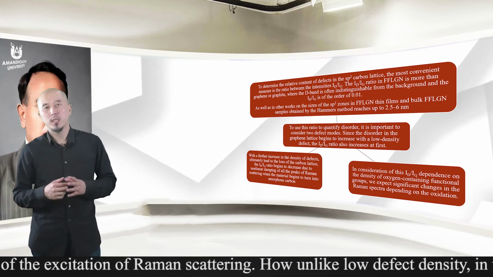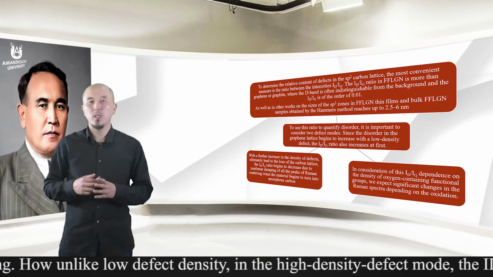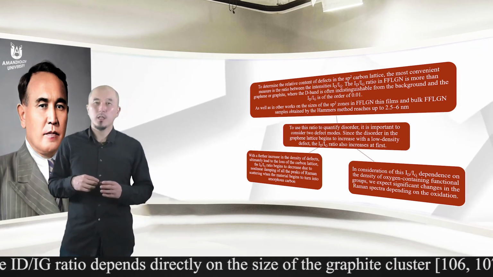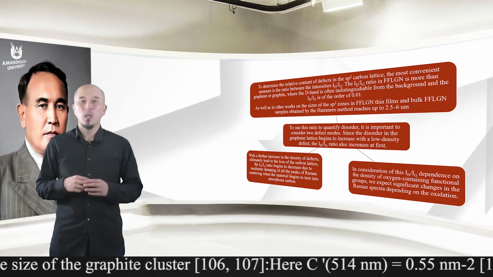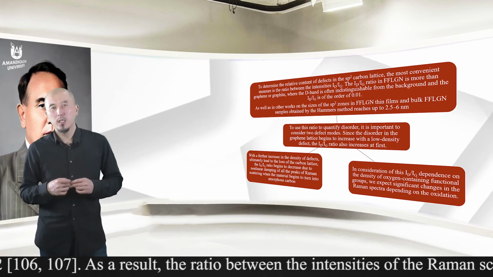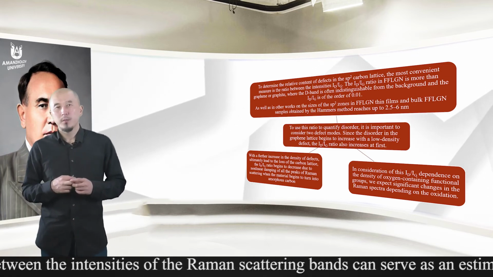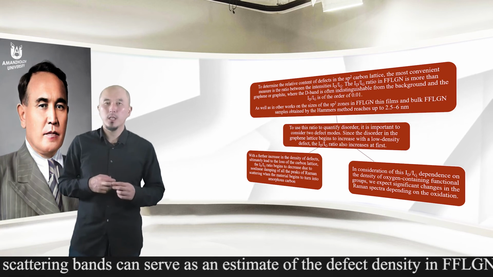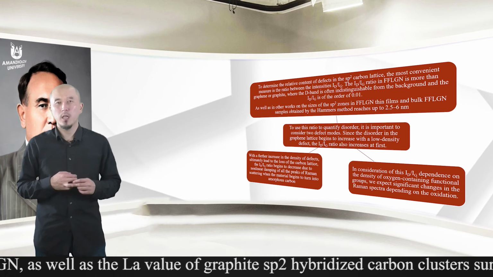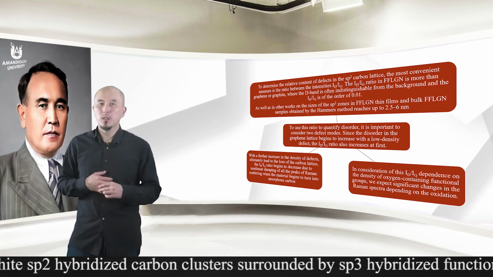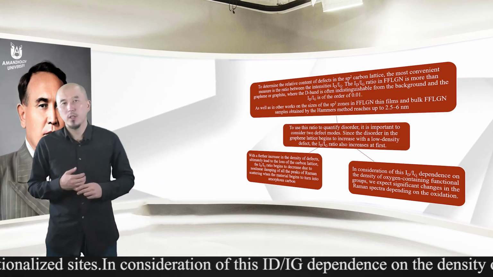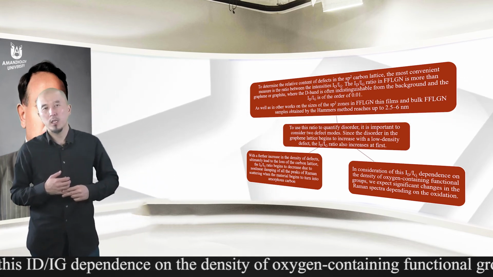In the low density mode, ID/IG can be approximated by an empirical formula linking the ratio to the distance between two adjacent defects, where lambda is the excitation wavelength of Raman scattering and the other is an empirical parameter, 102 nanometers for the excitation wavelength lambda of 540 nanometers.